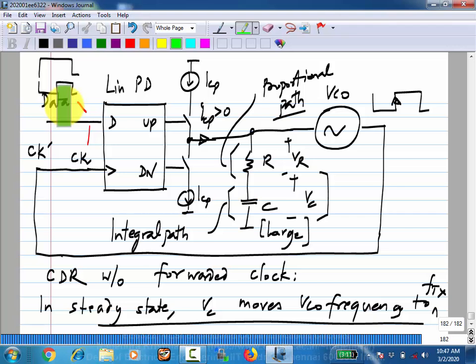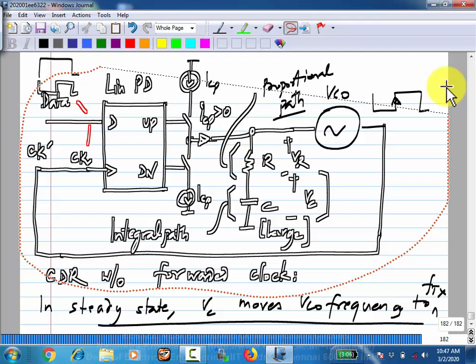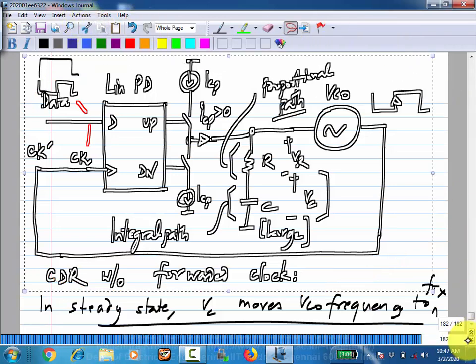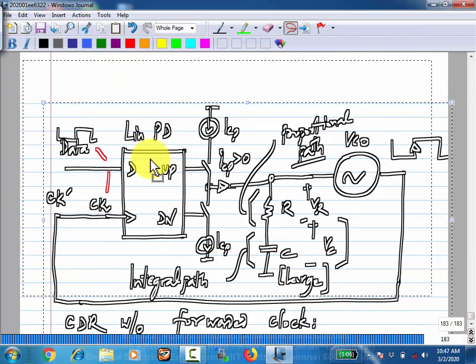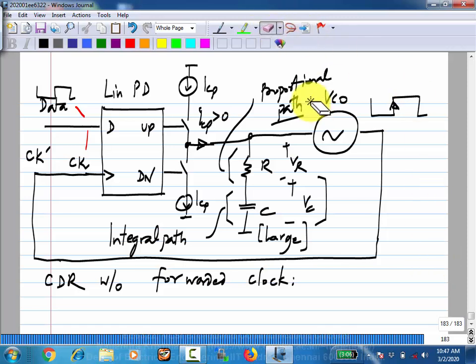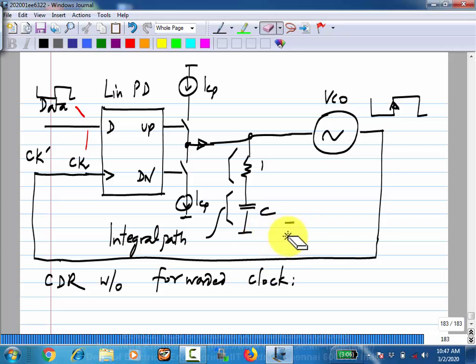Any other questions? So, what will be the phase model of this? As before, to create the model, we assume a certain operating point, which is that it is locked, and then look for deviations.